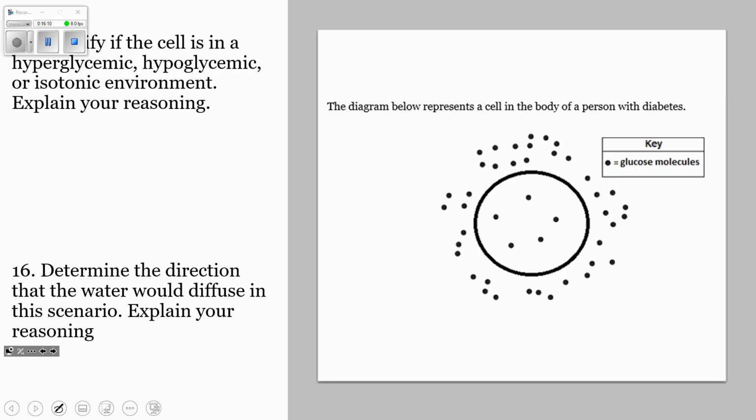Looking at this picture here, once again, they want to know hyperglycemic, hypo, or isotonic. The outside is supposed to represent the blood. This here is the actual cell. If I look there, there's so many glucose molecules around that cell. If there's a lot of glucose, right, maybe you want to think, hey, that person has a lot of sugar.